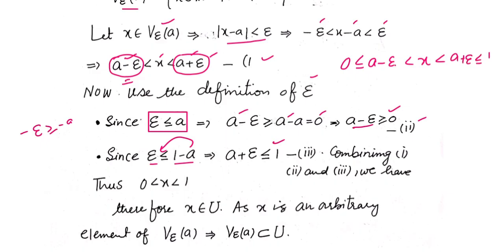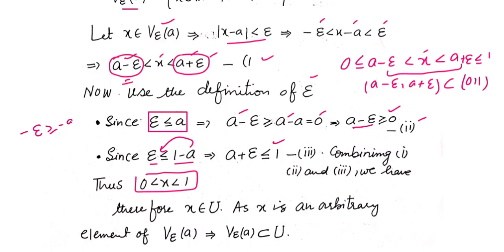It means this interval a minus epsilon to a plus epsilon is contained in 0 to 1. Thus we have that x lies between 0 and 1. In other words, x lies in u, because u is the open interval 0 to 1. This implies x belongs to u.